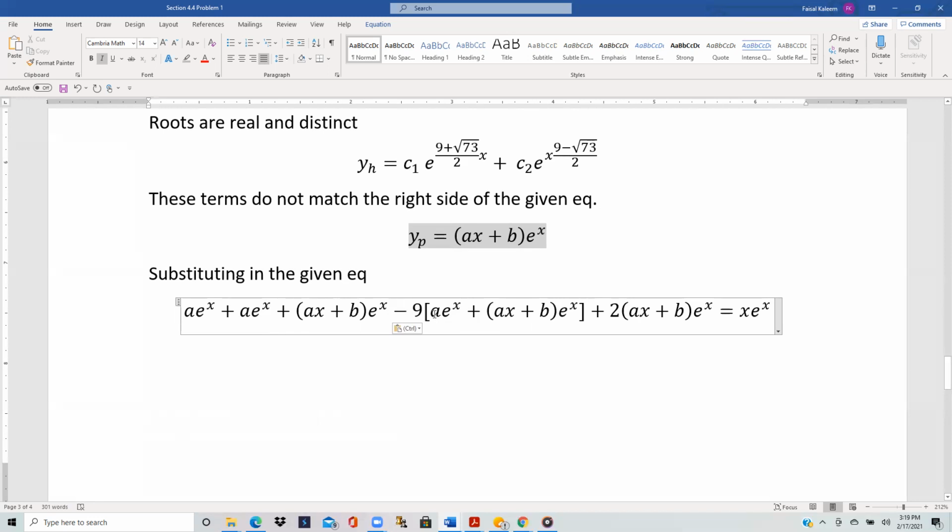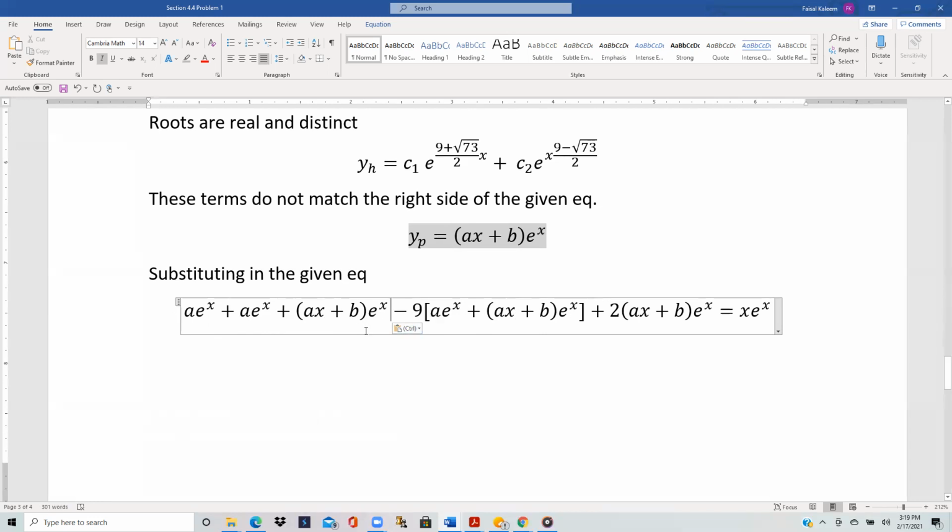Yeah, so the derivative of aex was just aex, and the derivative of ax plus b e to the x was ax plus b e to the x. You can do it again, but since that's exactly the derivative which we did in the previous step, I'm just using that result.